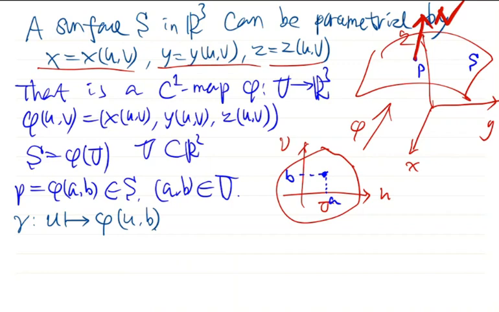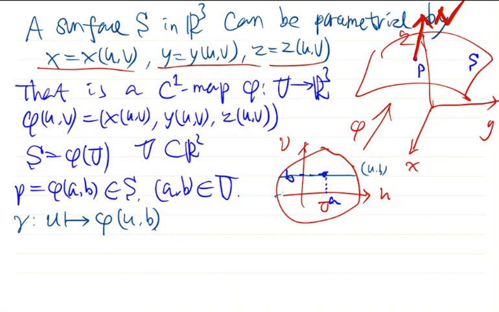That is, we restrict our point in U to move parallel to the u axis. Such a point is (u,b).